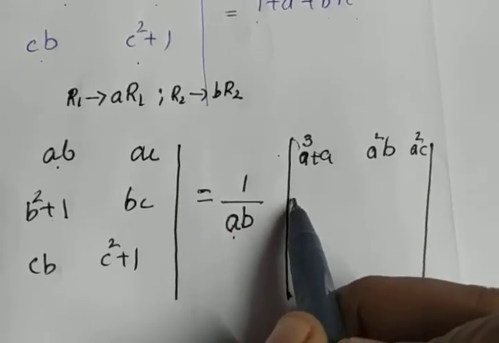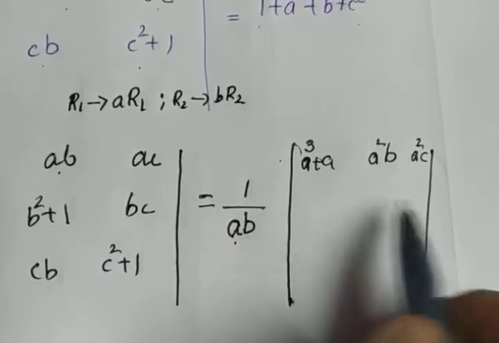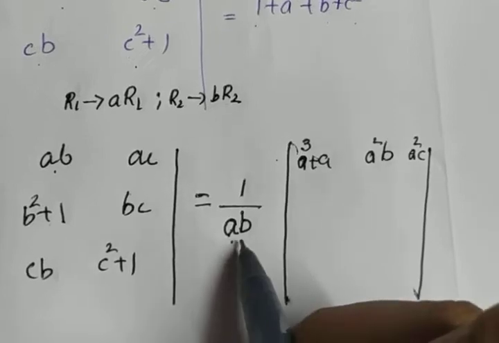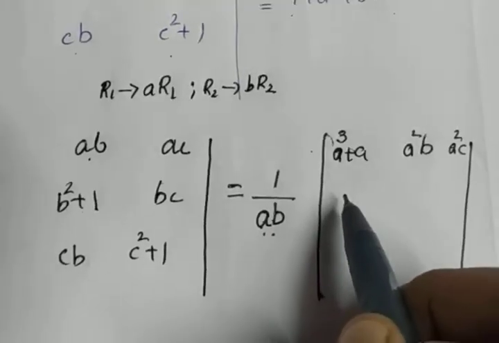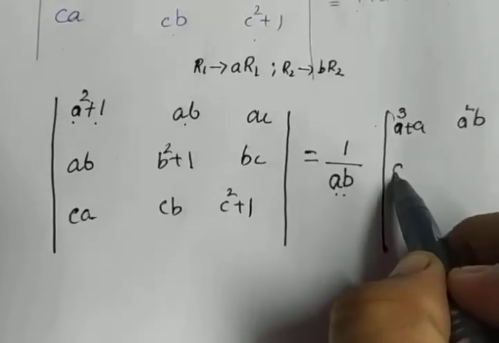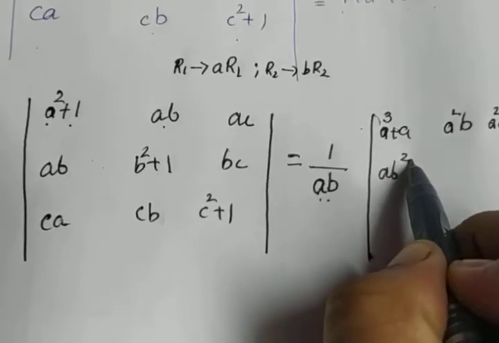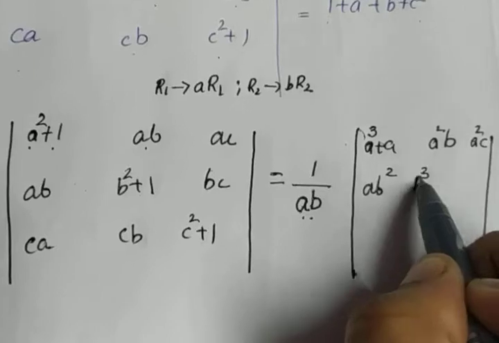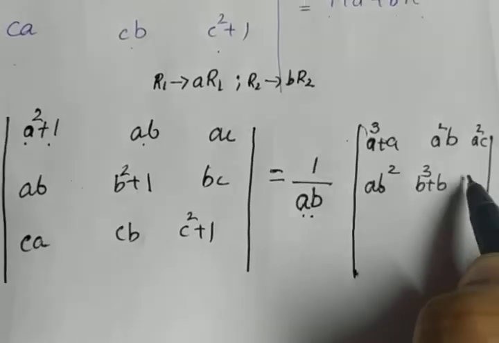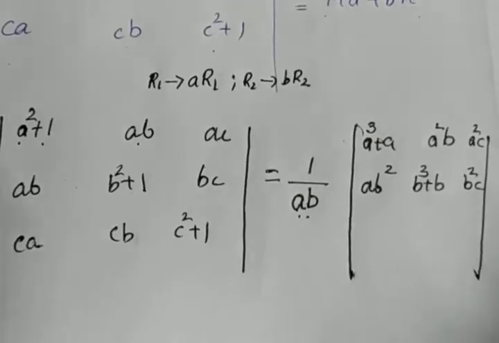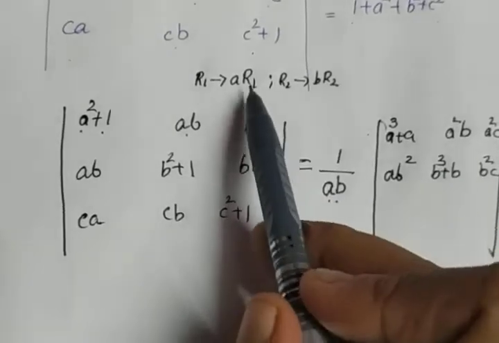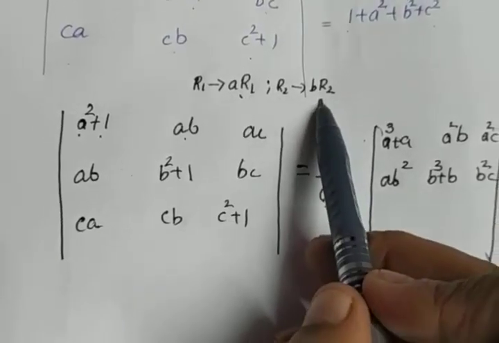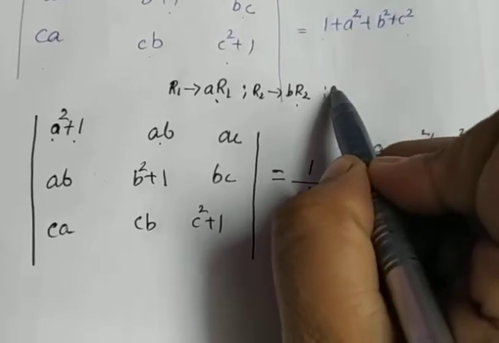So I am multiplying the second row, and to make the determinant value the same, I divide as well. The first term is ab; multiplied with b, it becomes ab square. The second term is b square plus 1; multiplied with b, it becomes b cube plus b. The third term becomes b square c. If I multiplied the first row with a and the second row with b, then obviously the third row I should multiply with c.